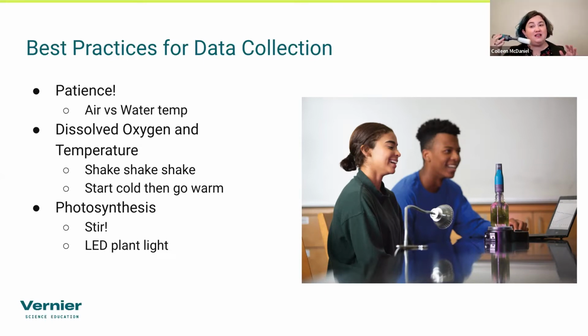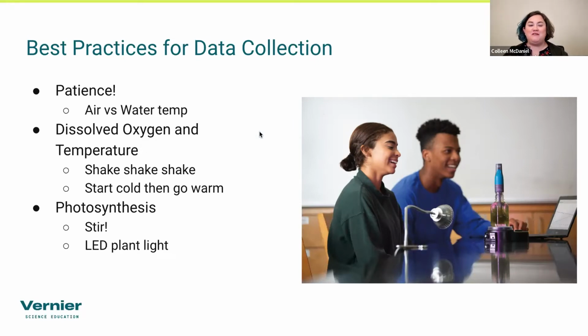So it's going to take a little bit of time for the probe, once you put it in the water sample, to do all those calculations and come to a happy equilibrium point that's going to give you a pretty good stable reading. So patience, patience, patience. That is the number one thing I recommend with dissolved oxygen.